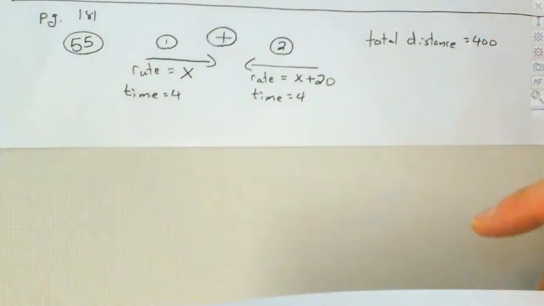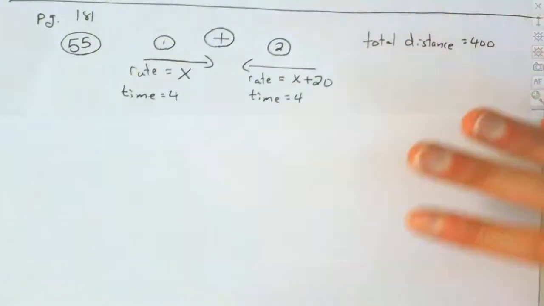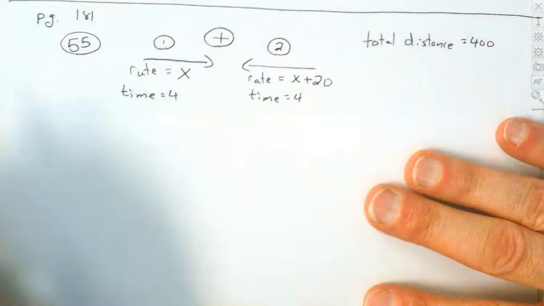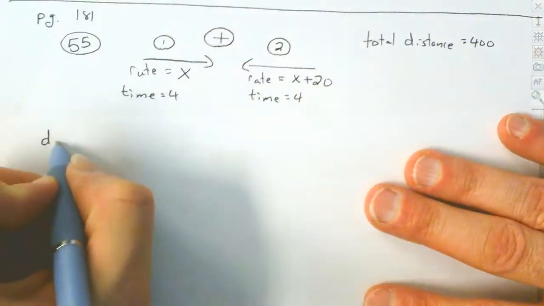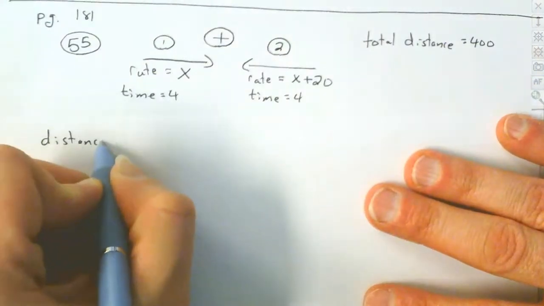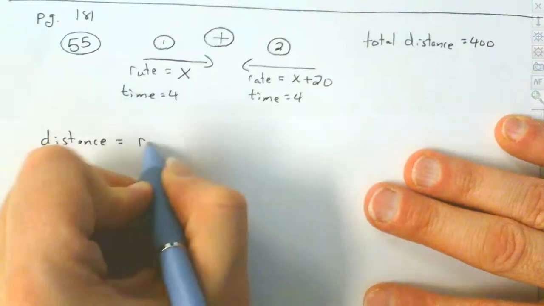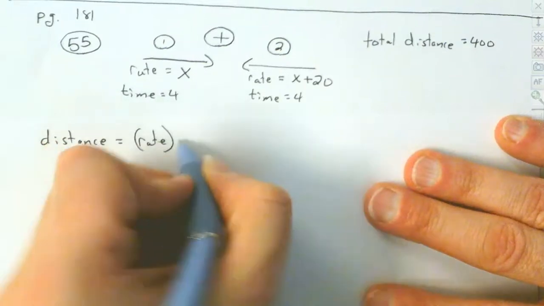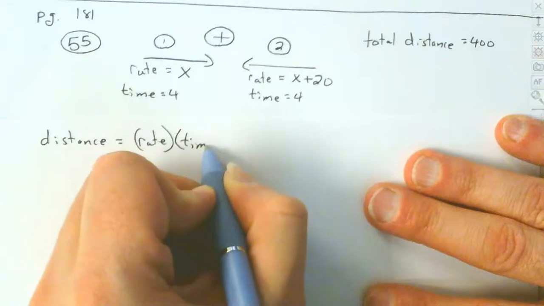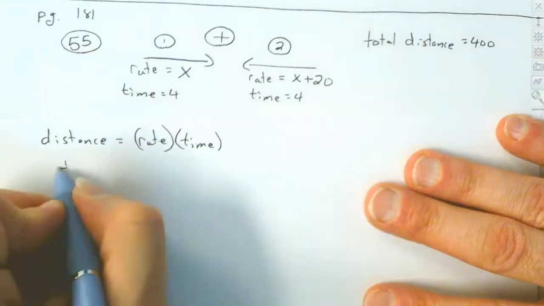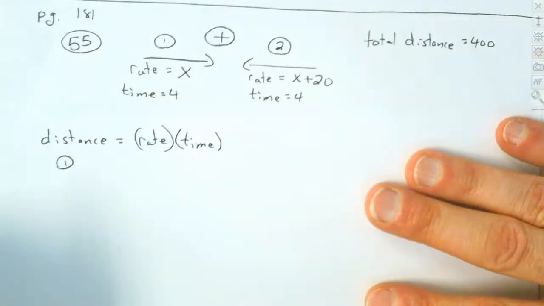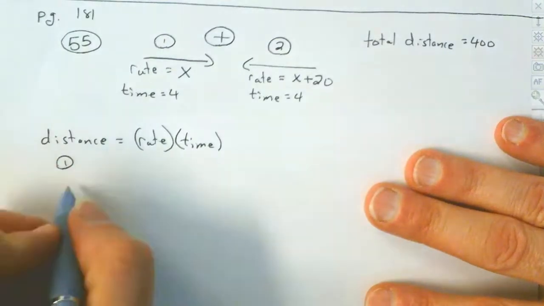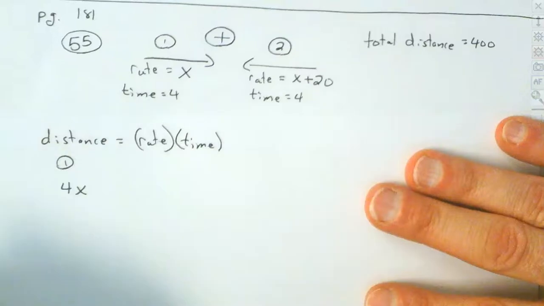So let's go ahead now and build our equation. And we build our equation based off of the distance. And distance is rate times the time. And so for the first car, we've got rate times time, so that is a 4x.